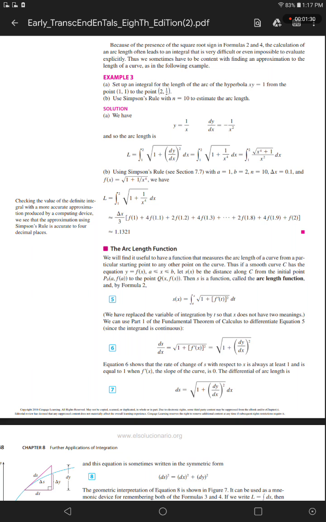Part B. Using Simpson's rule, see section 7.7, with a = 1, b = 2, n = 10, Δx = 0.1, and f(x) = the square root of 1 + 1/x⁴.